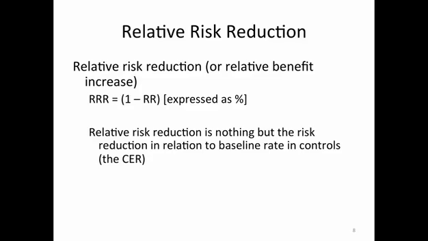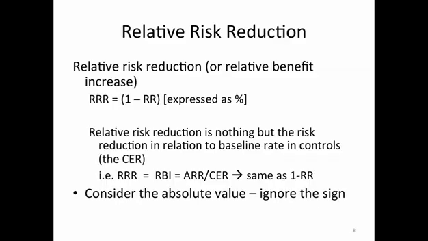In other words, if you express ARR in terms of the baseline placebo response rate, which is CER, you will get RRR. So 1 minus RR is an easier formula to calculate RRR. When computing RRR, always consider the absolute value and ignore the sign.